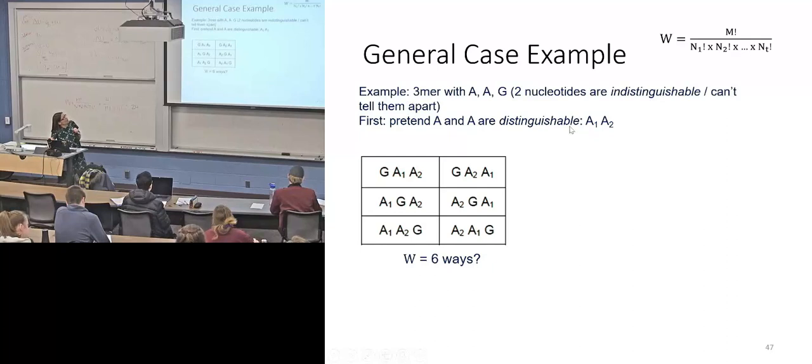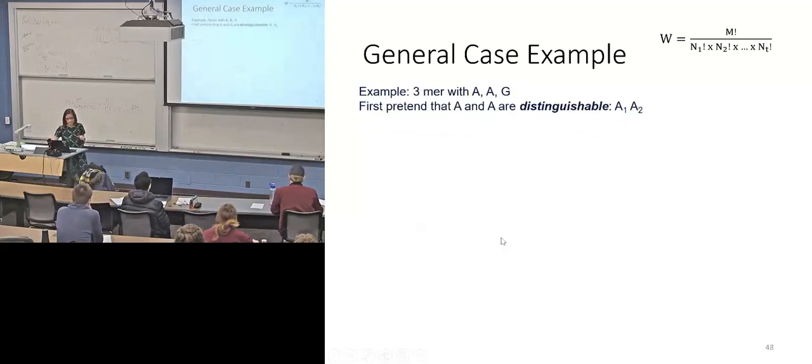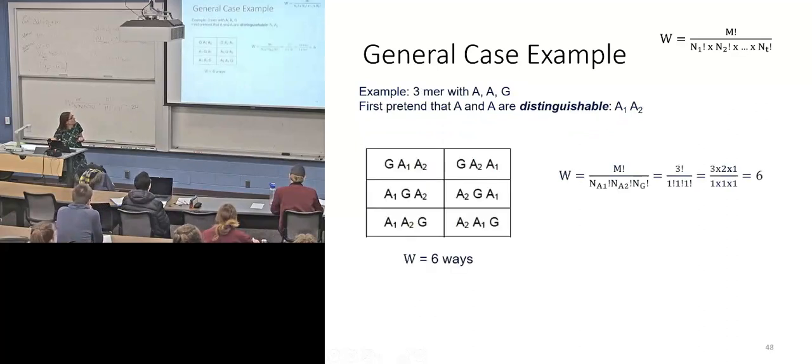So first, let A and A be distinguishable. Give them subscripts 1 and 2 to make it easy. Write it out. I can organize these as basically GAA, GA2A1, A1GA2. There's 6 ways to do it. And so my categories are A1, A2, and G. 3 times 2 times 1 over 1 factorial, 1 factorial, 1 factorial.